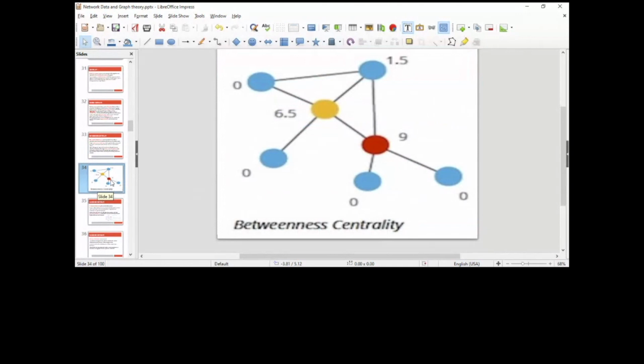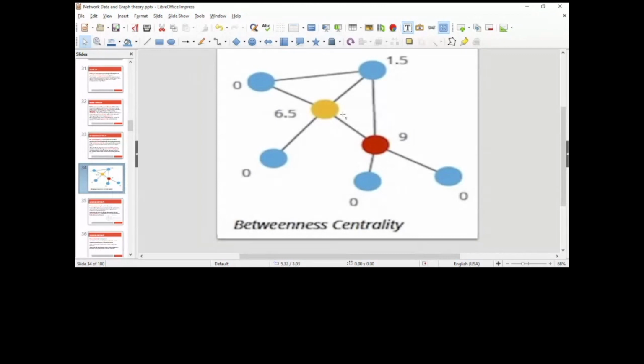So you can look at this airport here. This is why we have weight. We can put weight as distance between the airports. So the distance from here to here is 9, and the distance from here to here is 6.5.